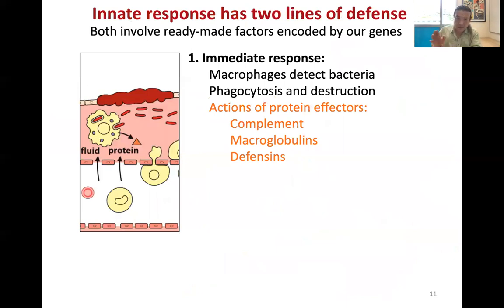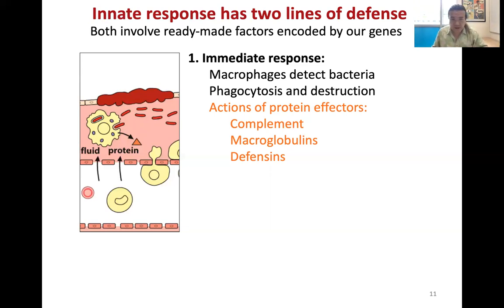So far we've been talking about the immediate response of our innate immune system. Some of the things we've talked about as part of this immediate response are macrophages, which are already there in your tissue, as shown here, patrolling around. They're like the mall cops, the very modest cost to maintain security system. If they bump into bacteria, they will phagocytose and destroy them.